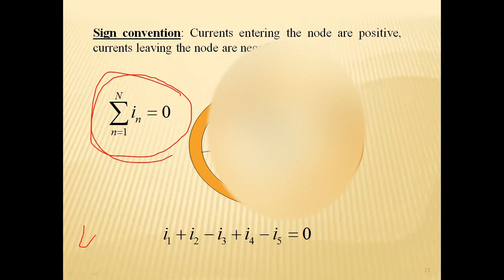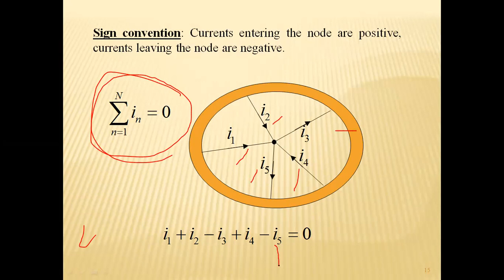And I5 is leaving and I3 is leaving, so these are taken as negative. Other currents are taken as positive. So the sum of all these algebraic currents is taken to be 0.